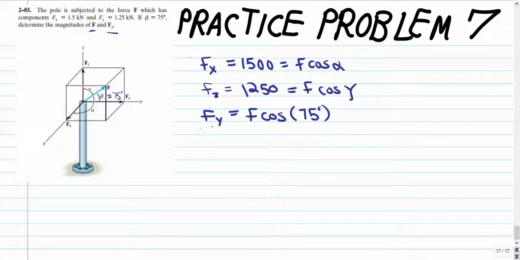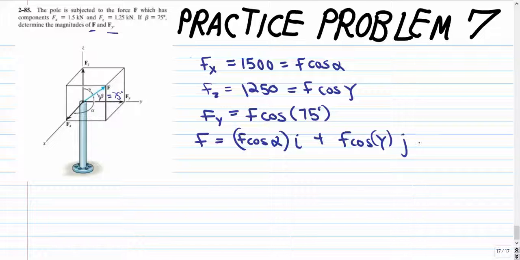Now that we have all our components, we can express this as a Cartesian vector. So the force F is going to be equal to F cos alpha i plus F cos gamma j plus F cos of 75 degrees k.